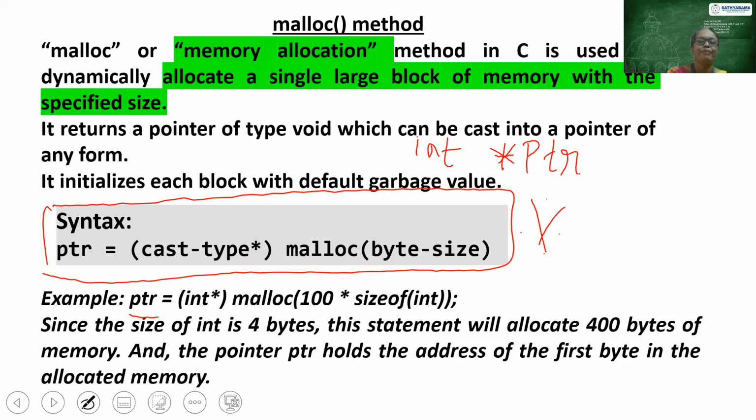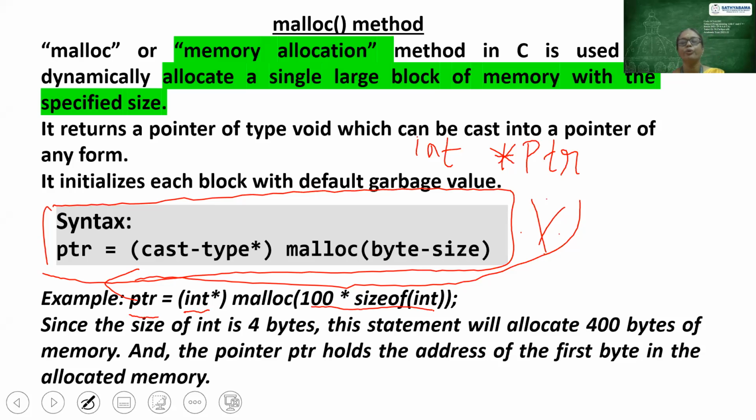Here ptr is the pointer and the cast type is what we used in the data type: int, float, or short int, depending on the case. We have to then declare malloc, 100 into sizeof int.